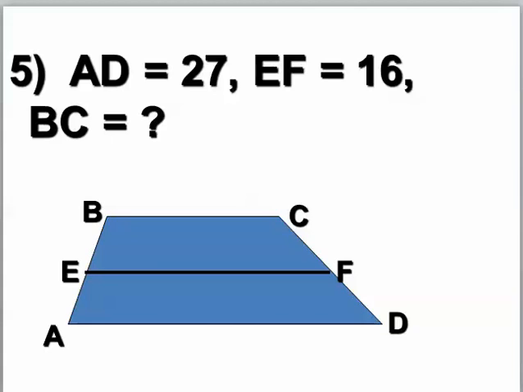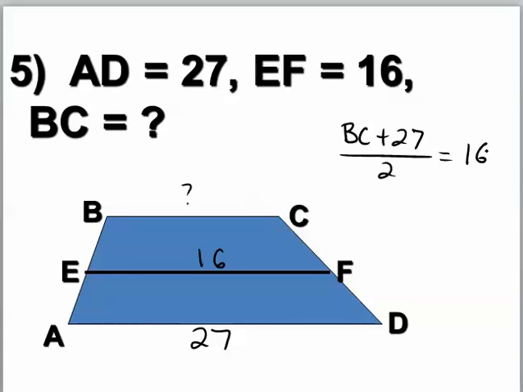Let's try another one. Example 5 says the length of AD is 27, the length of EF is 16, and I do not know the length of BC. So instead of using an X, you could also just use BC, the letters, so that when you solve, you know what you found. So the length of BC plus 27, the length of the other base, divided by 2, gives you 16, the length of the median.